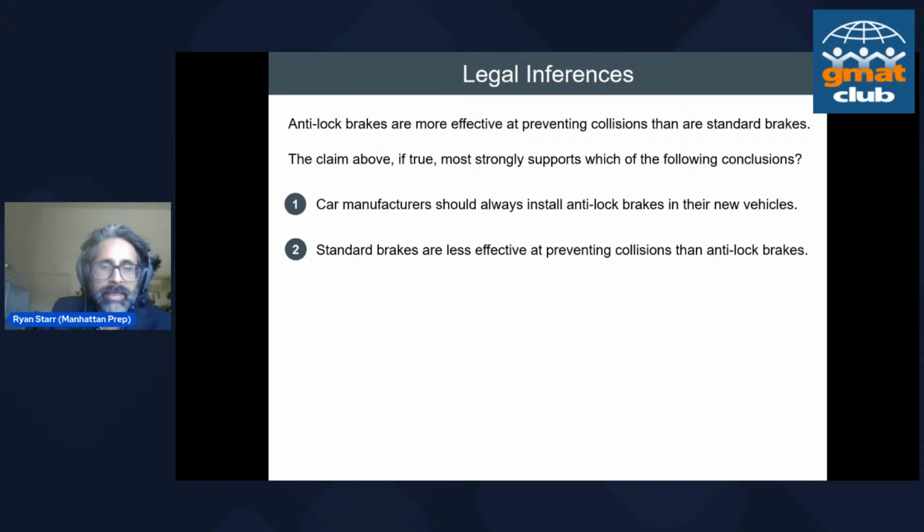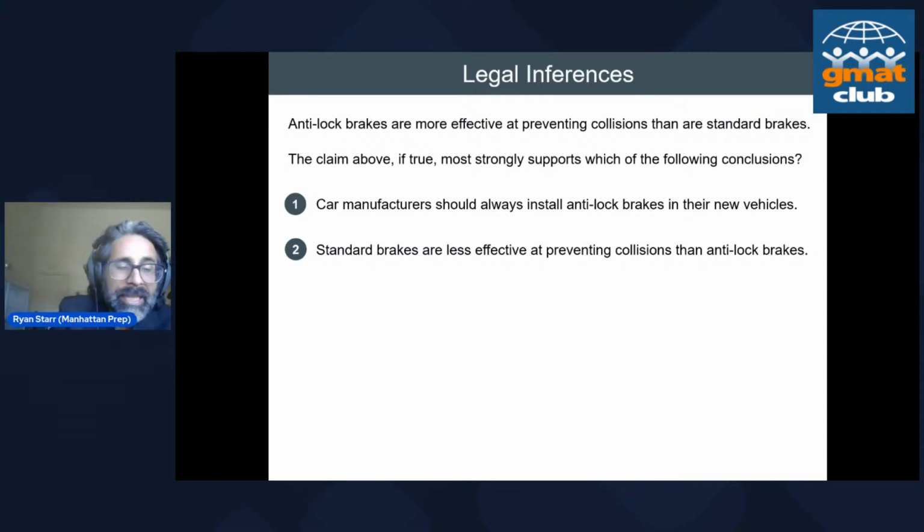Absolutely. First one's the kind of one you'd probably want to draw in the real world, right? If you were going into a meeting with the executives about this, you might want to go in with thing number 1 here, especially if you work for a car manufacturer, because that feels like a pretty good extrapolation from what's up there, but it's not at all what the GMAT wants.